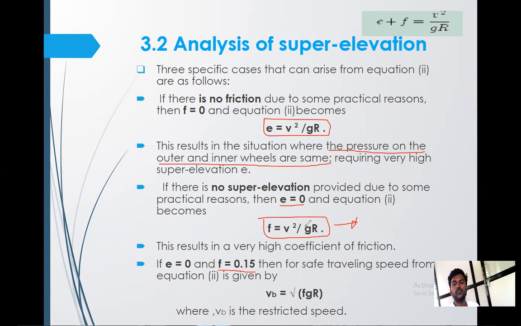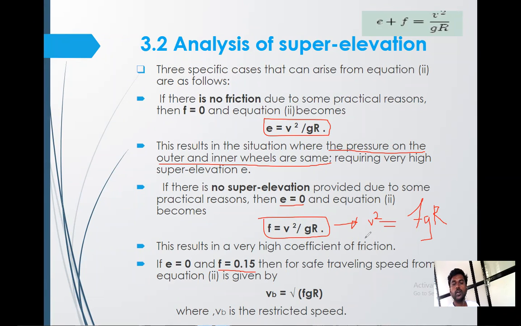In this equation, if I take gR from the denominator to the left side, the equation becomes V² = f × gR.